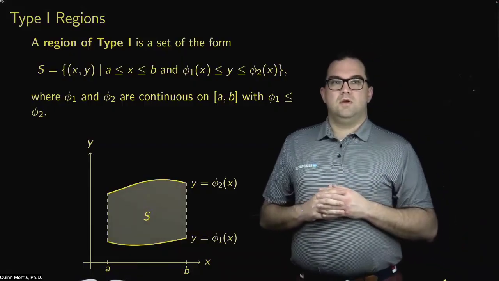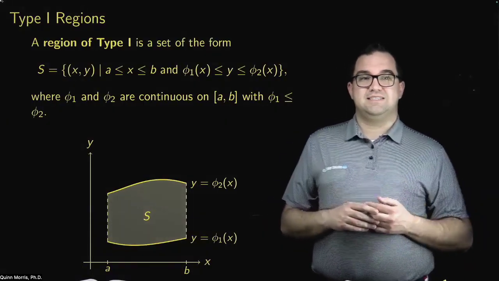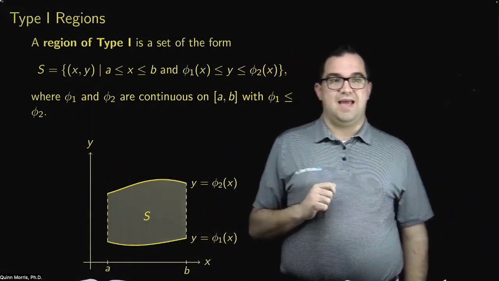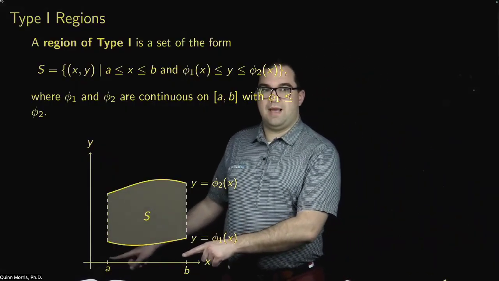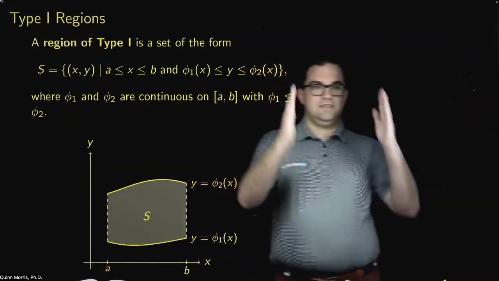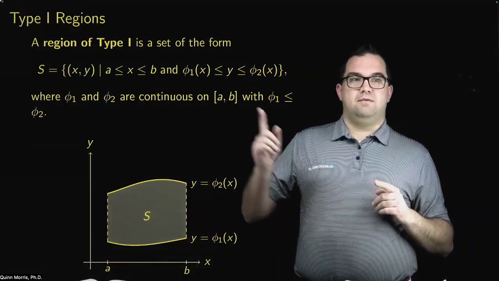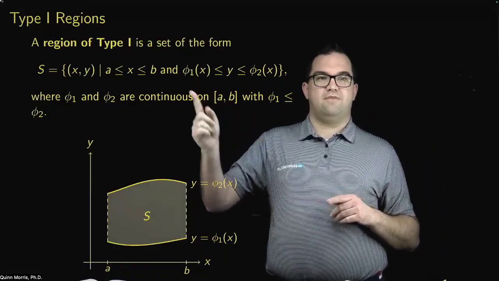We call a region a type 1 region if it is a set of the form S equal to the set of all (x, y) such that x is between a and b. On this graph, you can see my x values are just ranging from a to b. So on the sides, I'm getting these vertical lines, and then my y values lie between two functions of x.